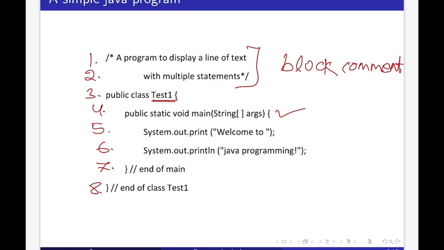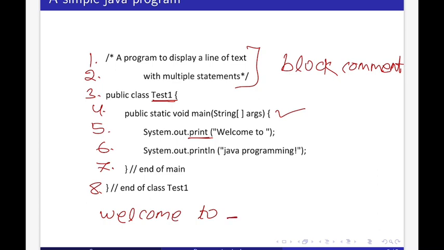So it is going to print or display welcome to, then some space on the screen. Now you observe that here the method is print. So in print method, what is going to happen?